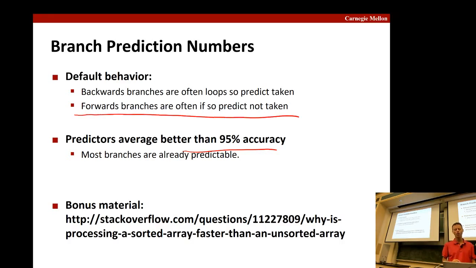The default that will be assumed before the processor has any history of this branch is that when you have an if, you predict that you don't take it, that you fall through. So if is often like, if the pointer is null, I'm going to do something else.